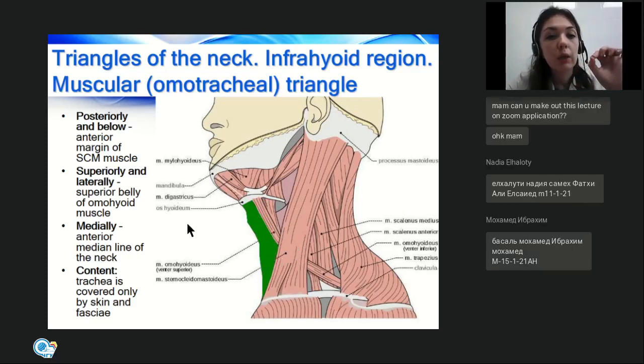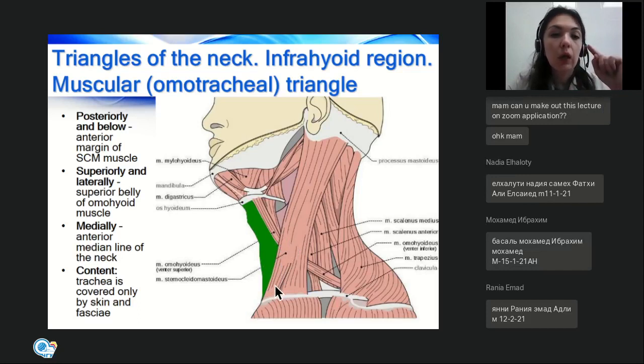Posteriorly and below, this triangle is bounded by the anterior margin of the sternocleidomastoid muscle. Superiorly and laterally, it is bounded by the superior belly of the omohyoid muscle. And medially, there is the anterior midline of the neck.